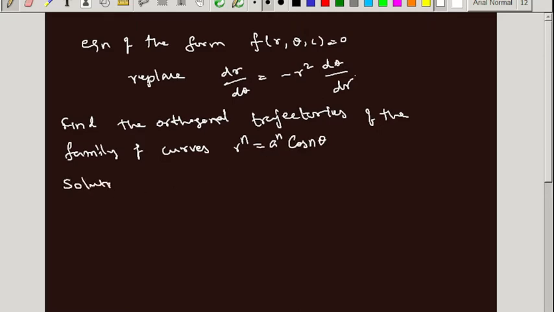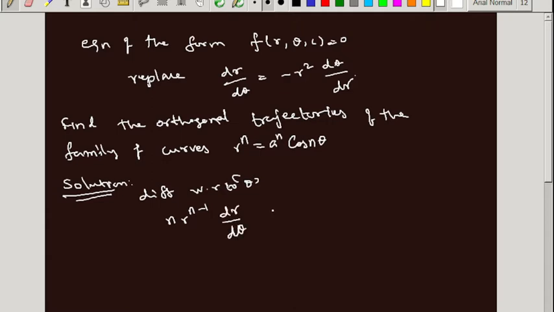So here, solution: we differentiate with respect to theta. Here we must differentiate the power n into r power n minus 1, then we must differentiate r also with respect to theta.